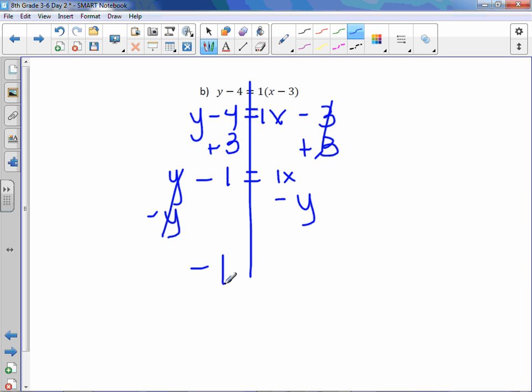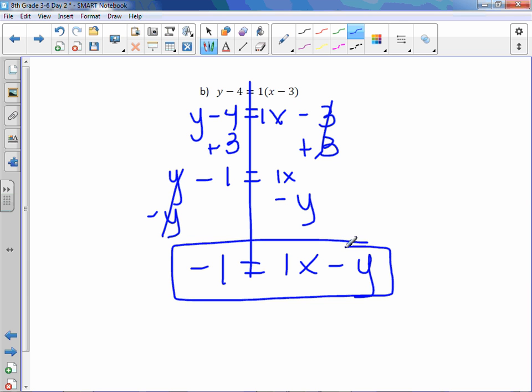I'm left with negative 1 equals 1x minus y. I can't actually subtract x and y because they are not like terms. I have my x and y term together. X is positive. My number is by itself. And there are no fractions. Therefore, this is in standard form.